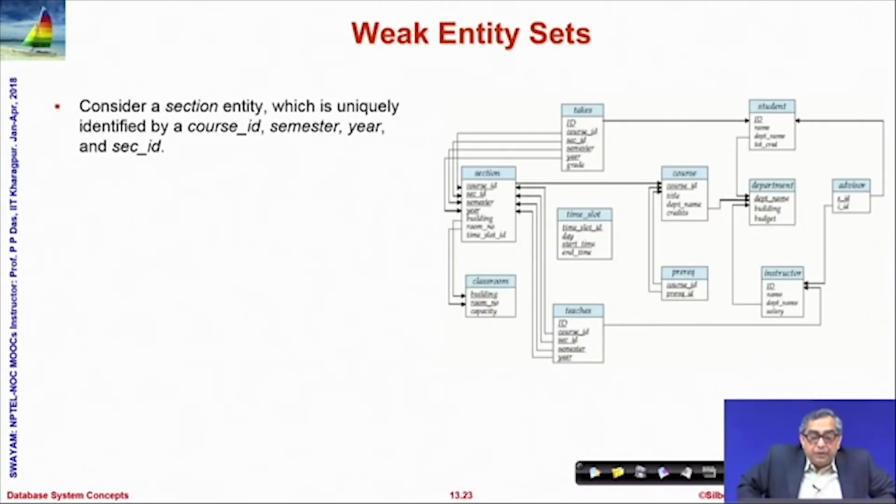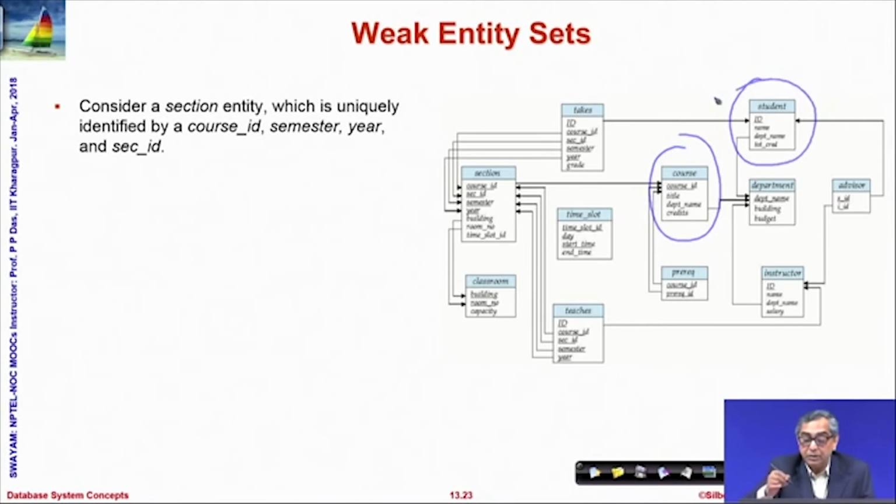Finally, comes the concept of weak entity sets. You need to understand this a little bit. Consider the university database example. So, we have courses, we have students, we have instructors, and we have section. A section is, if a course is large, then it needs to be taught in multiple sections.